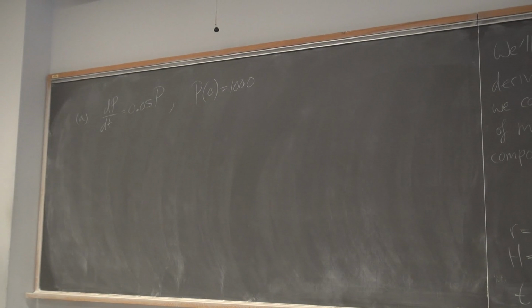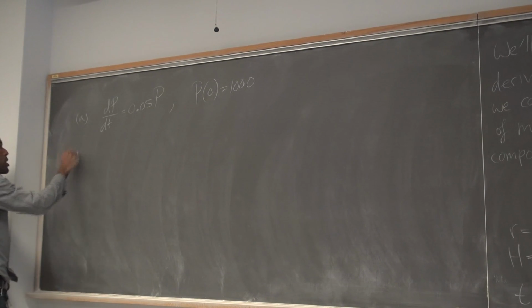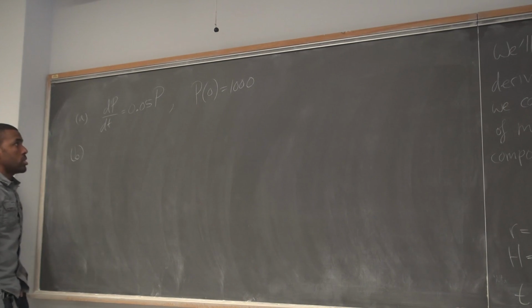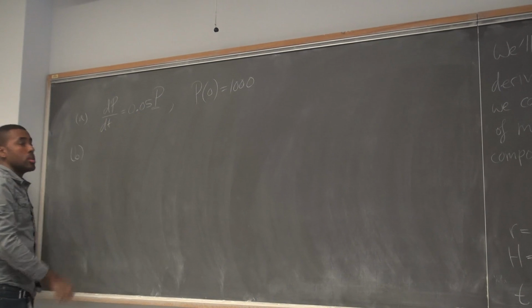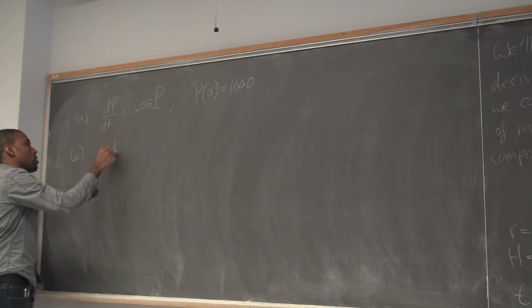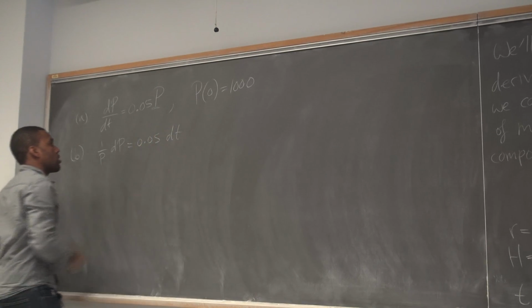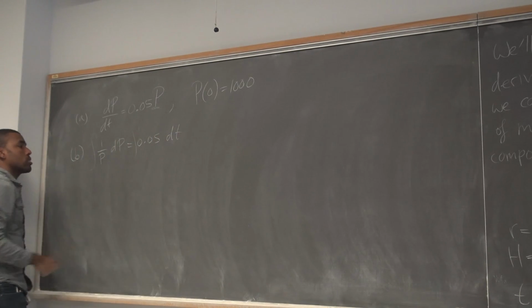All right, so now that we have that, that brings us to part B. Can we solve this differential equation? Sure, it's separable. Divide both sides by P, and then integrate both sides.